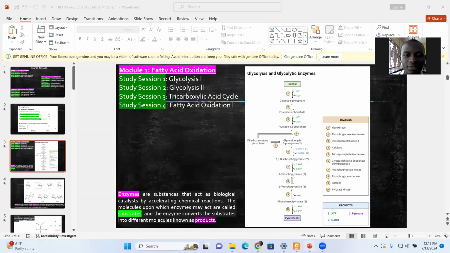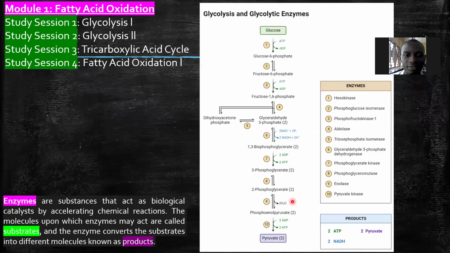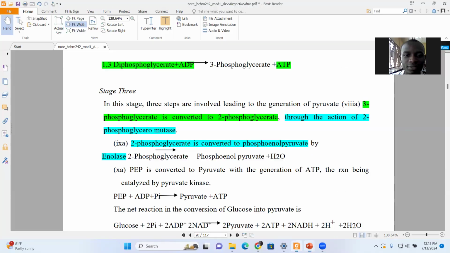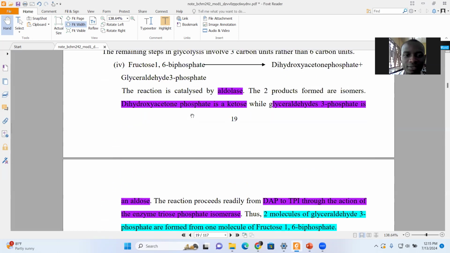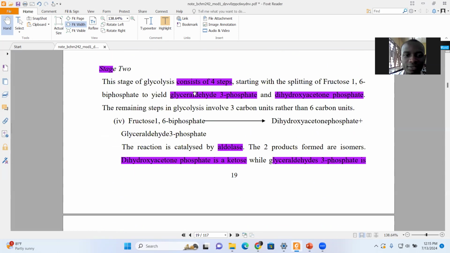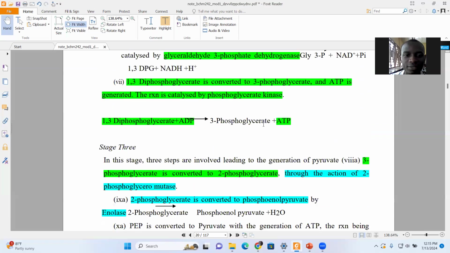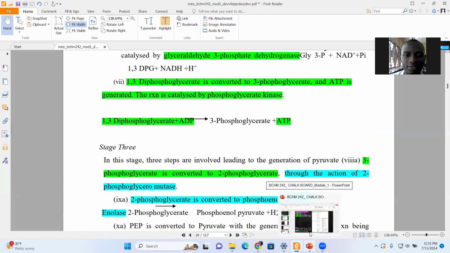So basically from 3-phosphoglycerate here to the end is your stage 3, while your stage 2 is the splitting of fructose 1,6-bisphosphate to the production of 3-phosphoglycerate. All right, so still not a big deal, really.